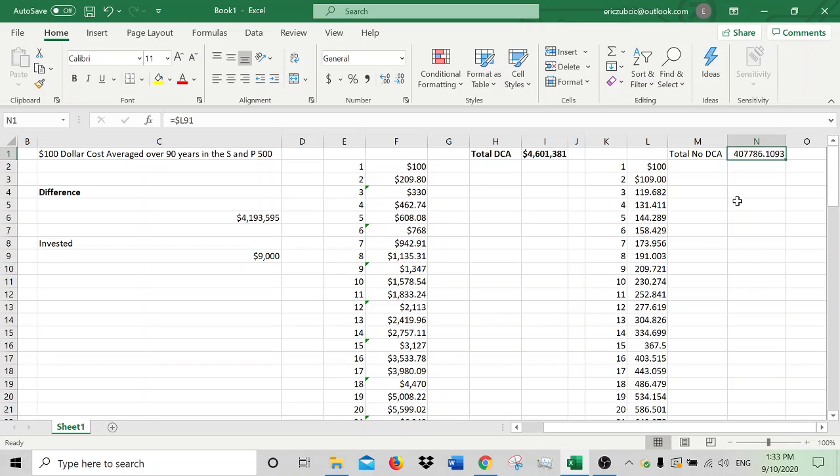Where we didn't dollar cost average, you're only netting around 400,000. That is a total difference of 4.1 million, and you've only invested $9,000 more. That really demonstrates the power of dollar cost averaging.